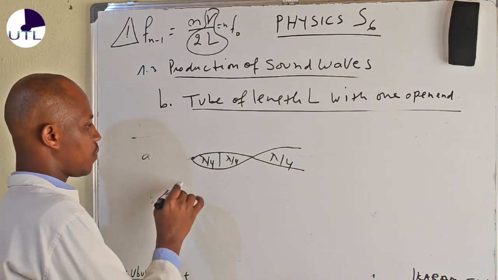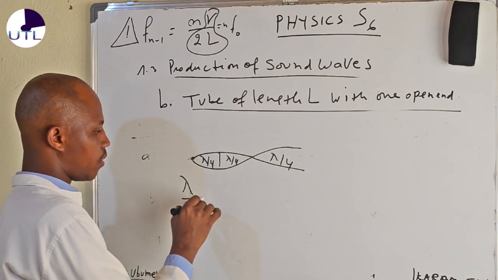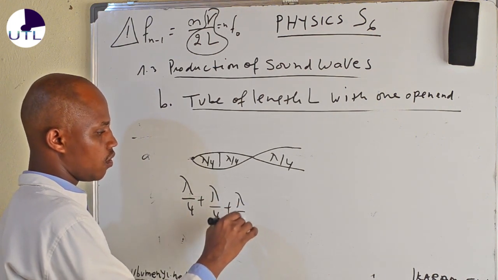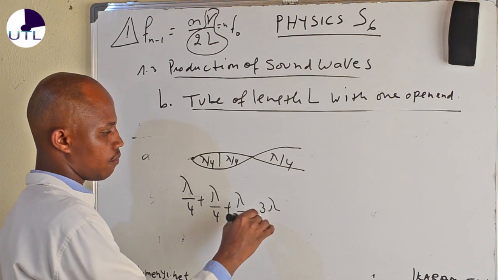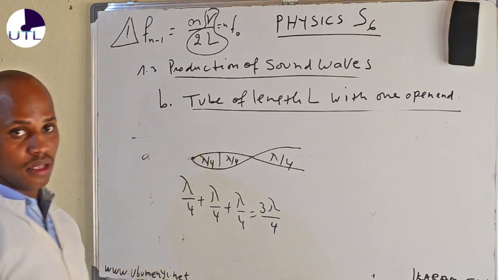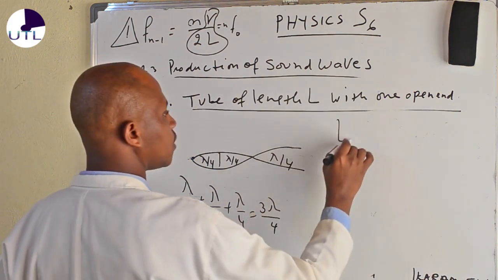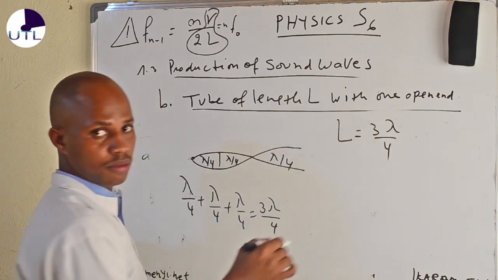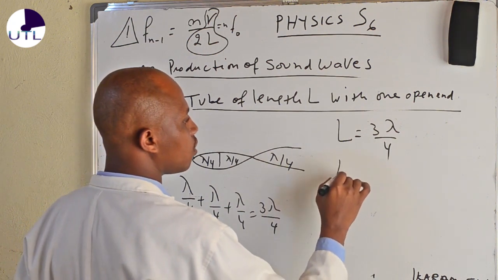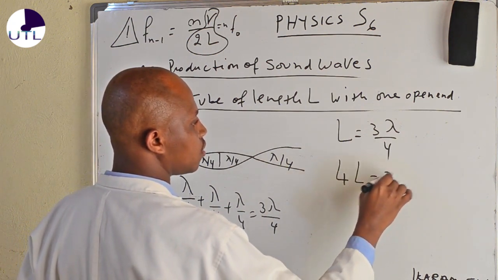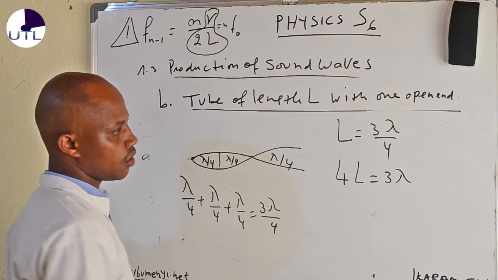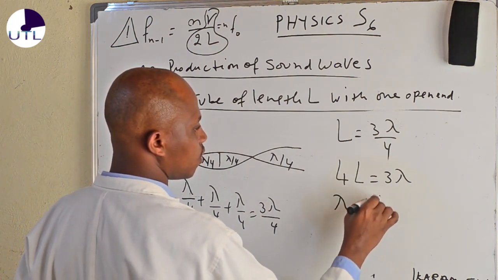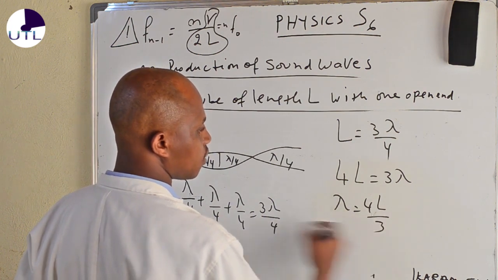Adding them gives 3 wavelength divided by 4. So the length for this case is equal to 3 times the wavelength divided by 4. Cross multiplying, we have 4 times the length equal to 3 wavelength. Now, the wavelength here is equal to 4 times L over 3.